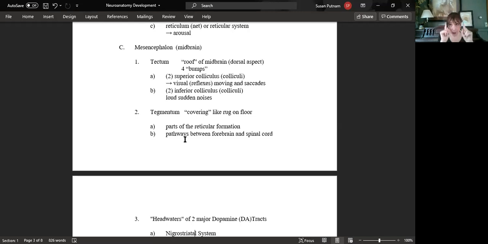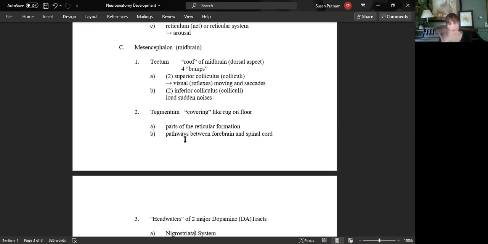The superior ones, the superior colliculi, are very important for visual reflex moving and saccades. Like if something flies over here, your superior colliculi are important for that. Oh, there it goes again, okay?